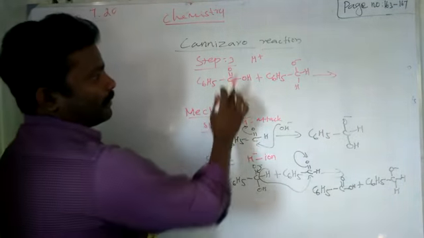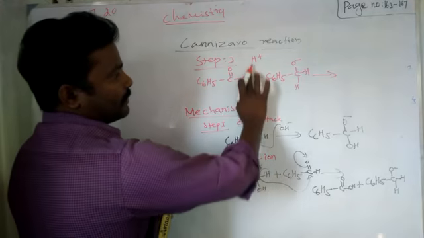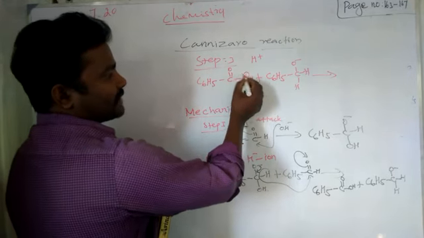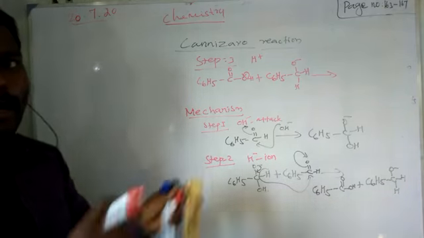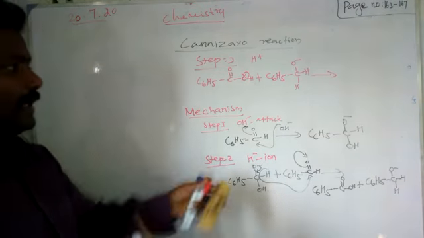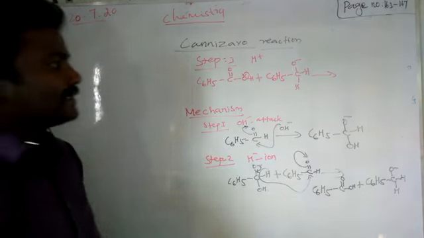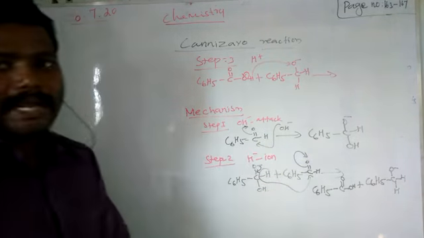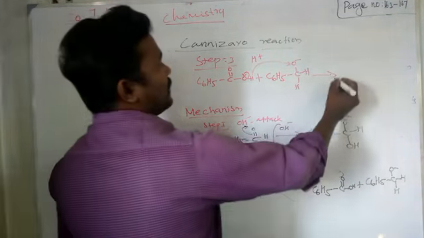Now what will happen? From this acid, this O will give this hydrogen as H plus by accepting the bond. The bond having the 2 electrons, it will gain as O minus, then H plus will come. This H plus will join with this O minus, it will form benzyl alcohol.